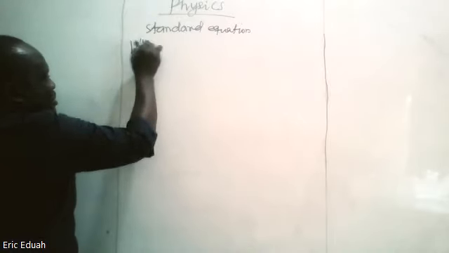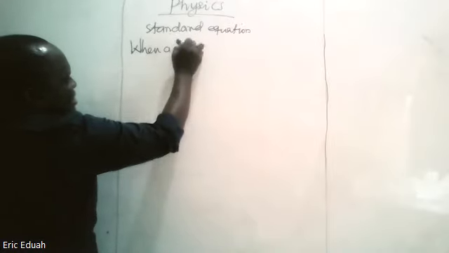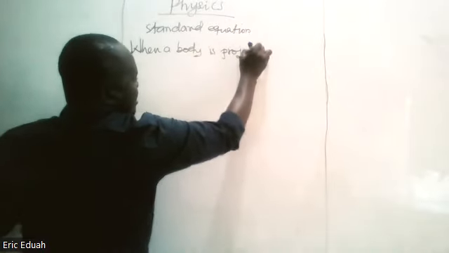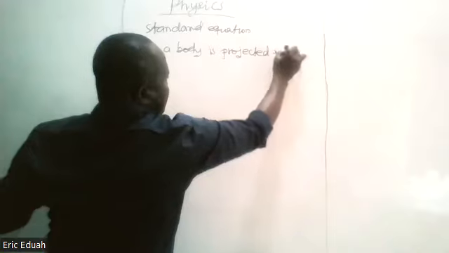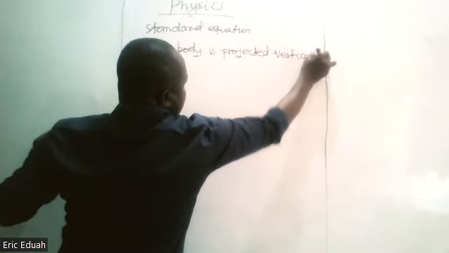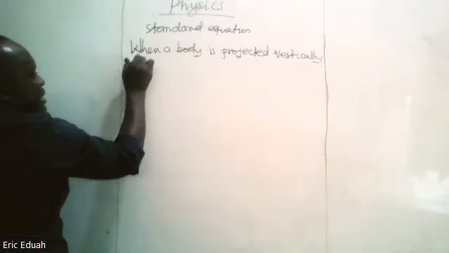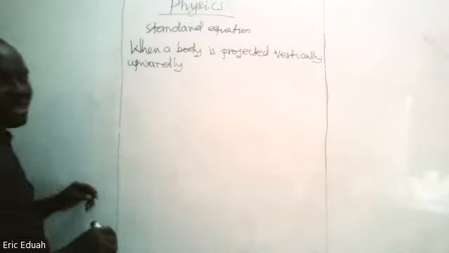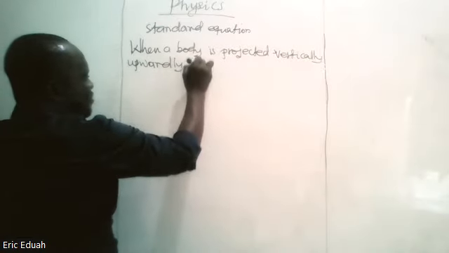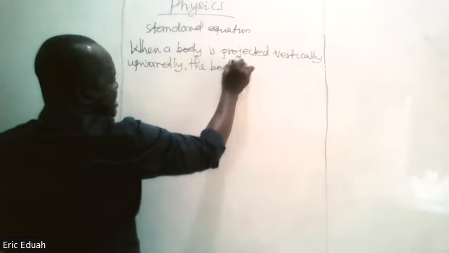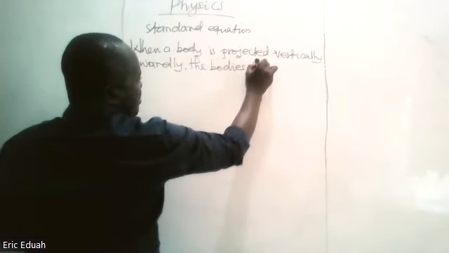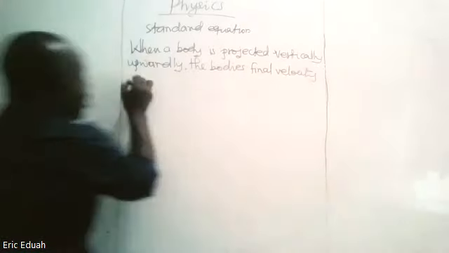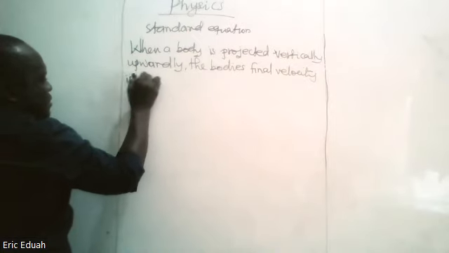Let me write some notes. When a body is projected vertically upwards, the body's final velocity is equal to 0.